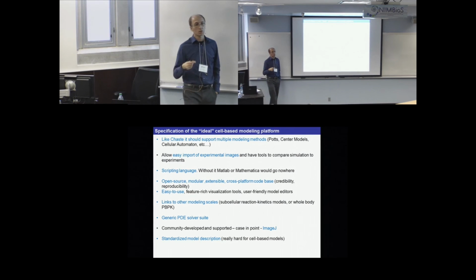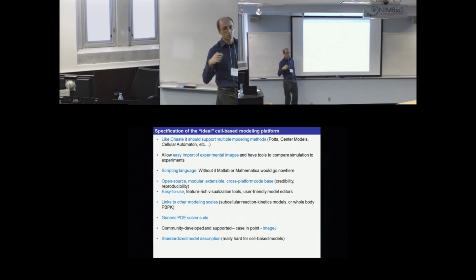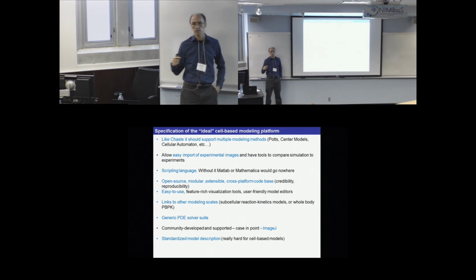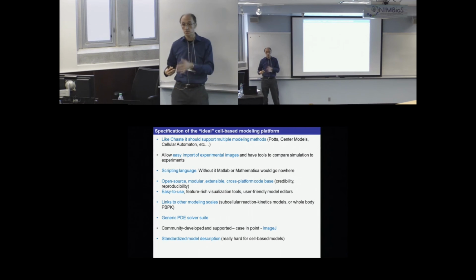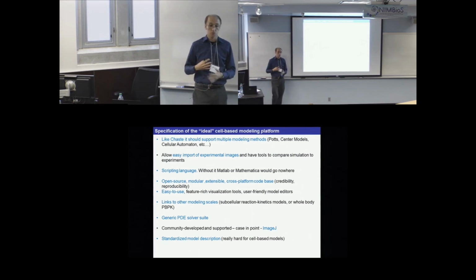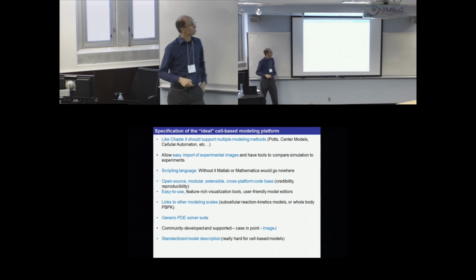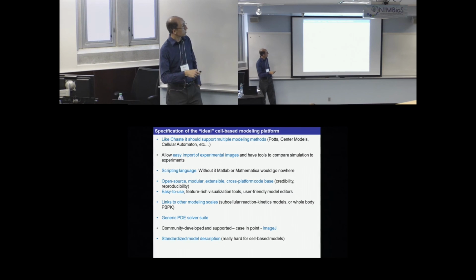There are not too many biologists or people who want to do models who are experts in C++. And just as C++ evolves into a fantastic language, which unfortunately becomes harder and harder to grasp, C++11 and C++14 bring lots of features, but also make it harder to use. This can be a barrier. Open source, modular, extensible, of course, by all means. Easy to use, we talked about it.